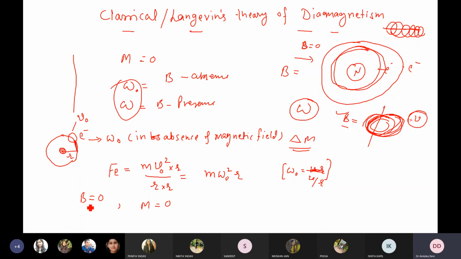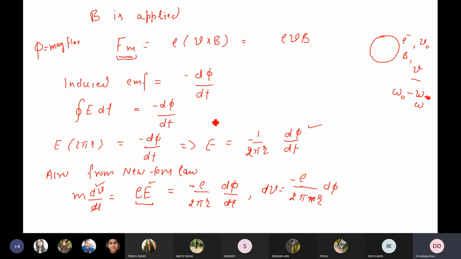In the absence of B, the value of the induced moment will be equal to 0. When the magnetic field B is applied, the Lorentz force will act on the electron, which is given by e v B. Since v and B are perpendicular to each other, sine 90 is 1, so this is e v B.